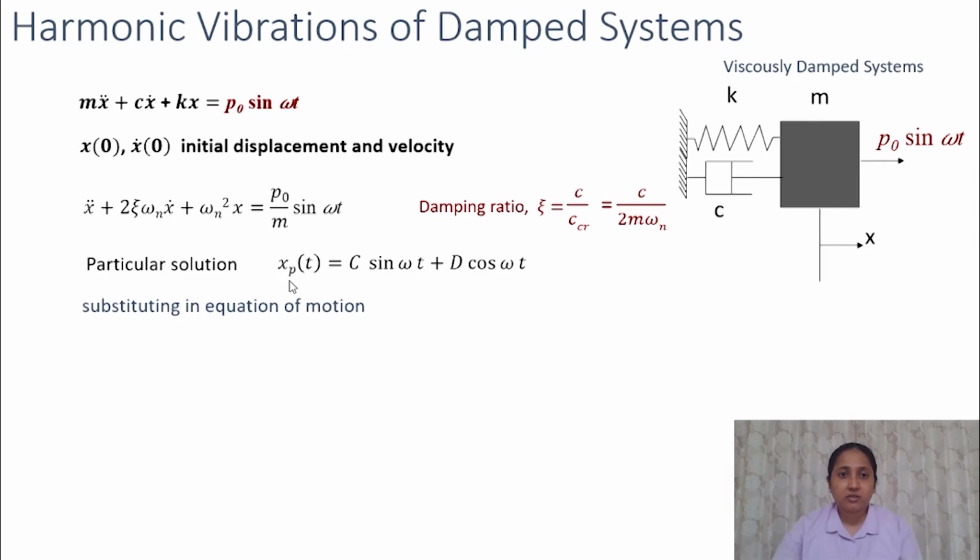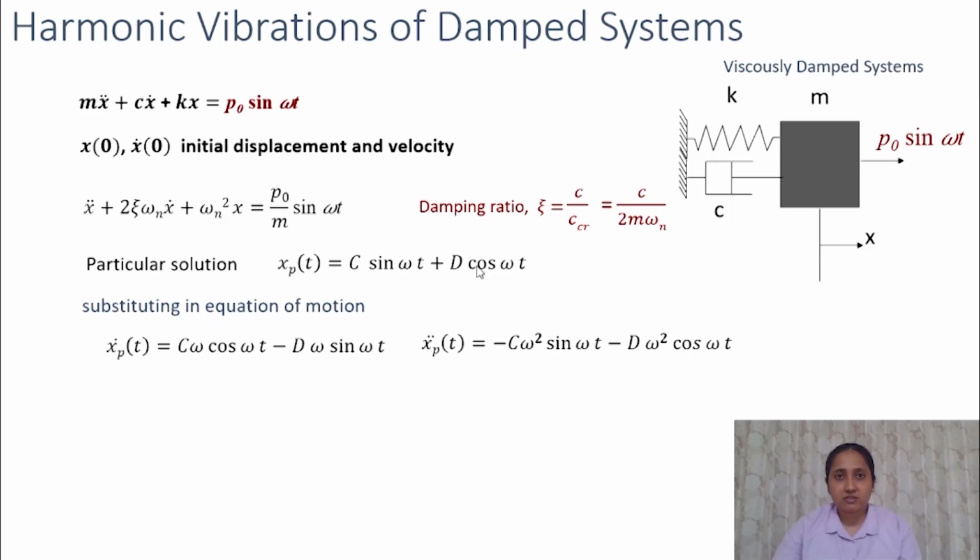Let's substitute this equation and its derivatives in the equation of motion. We have to find the velocity function by differentiating this once. If you differentiate this once, you get C omega cos omega t minus D omega sin omega t. That is the velocity of this particular solution.